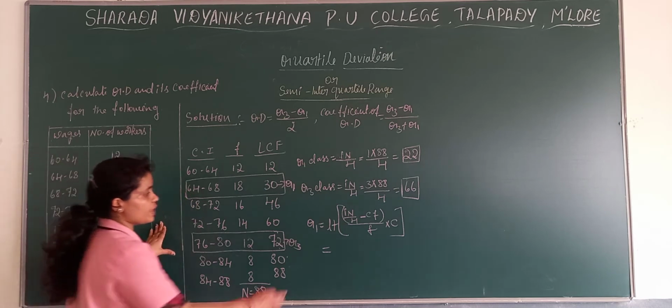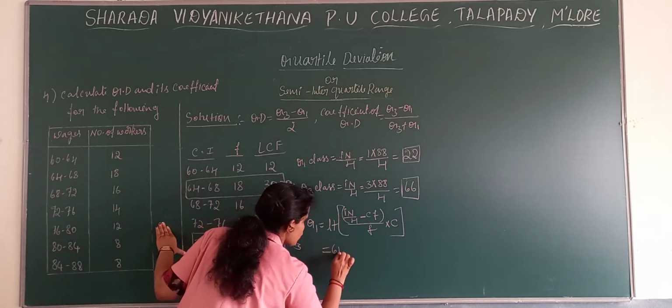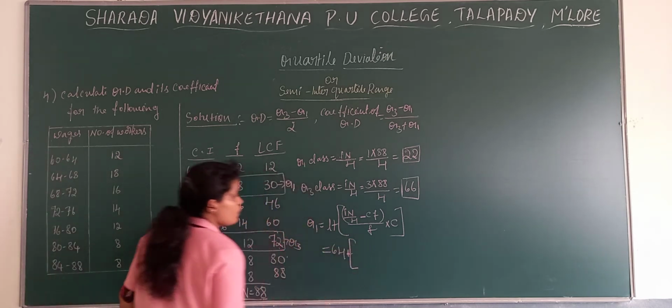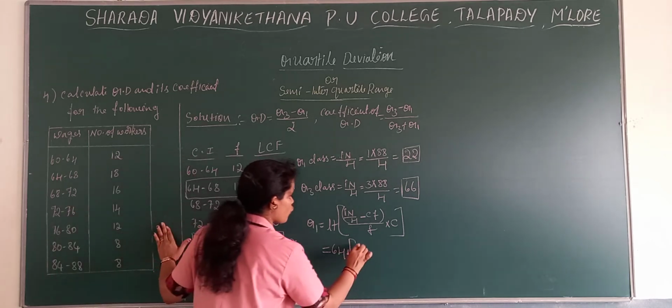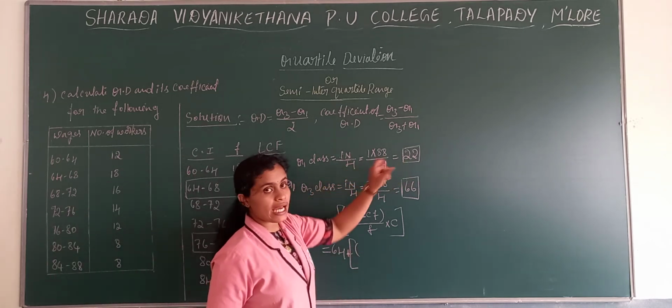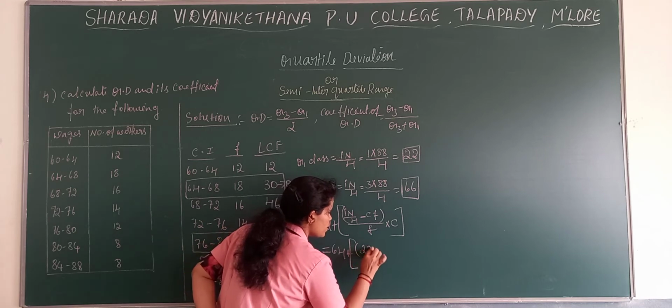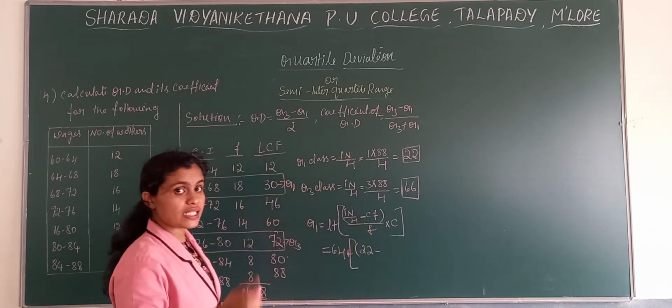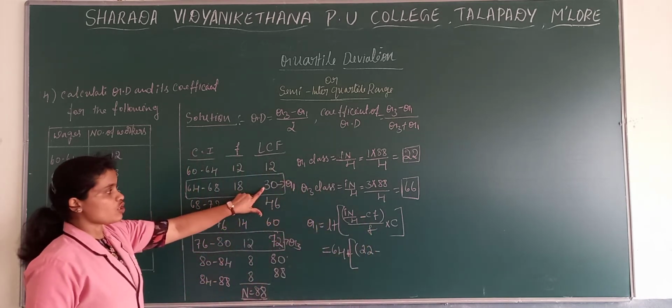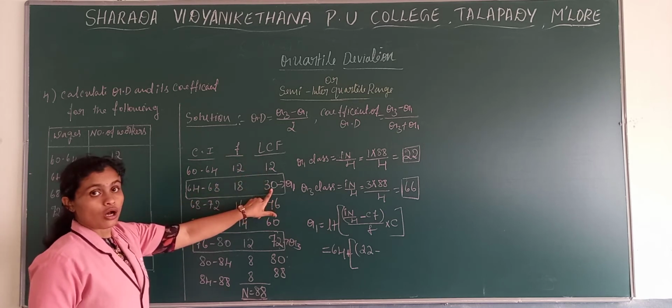The lower limit is 64, plus n by 4, which we got as 22, minus the cumulative frequency preceding that particular class.